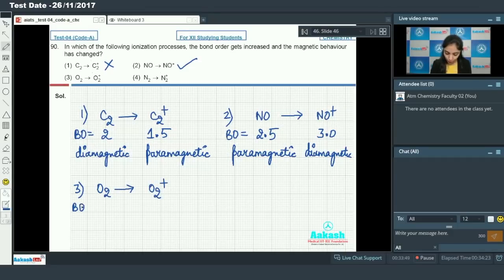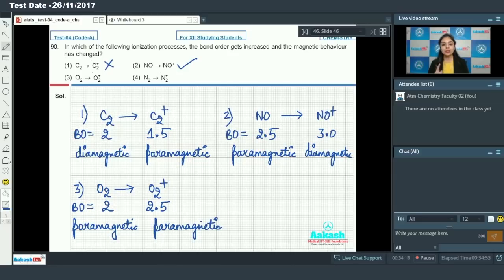The bond order of O2 is equal to 2 and the electron is removed from the antibonding pi star molecular orbital, so the bond order will be 2.5. O2 is paramagnetic due to the presence of 2 unpaired electrons, and as only one electron is removed, O2 plus will also be paramagnetic because it has one unpaired electron. So here bond order is increased, but the magnetic behavior has not changed. So this option is also incorrect.